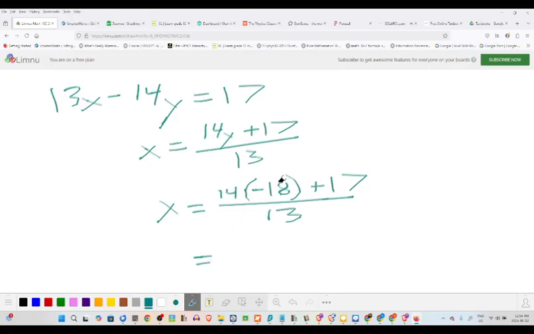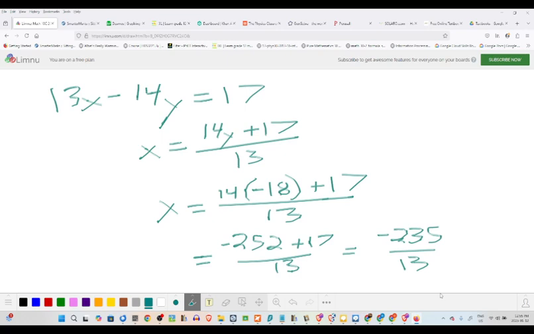Now 14 times 18, mental math, this is 16 minus 2 times 16 plus 2. Difference of perfect squares says that's 16 squared minus 4 squared. 18 is negative, so we have a negative 252. 16 squared minus 2 squared, 256 minus 4. And then negative 252 and 17. That should be negative 235 over 13 if I have done that mental math correctly.